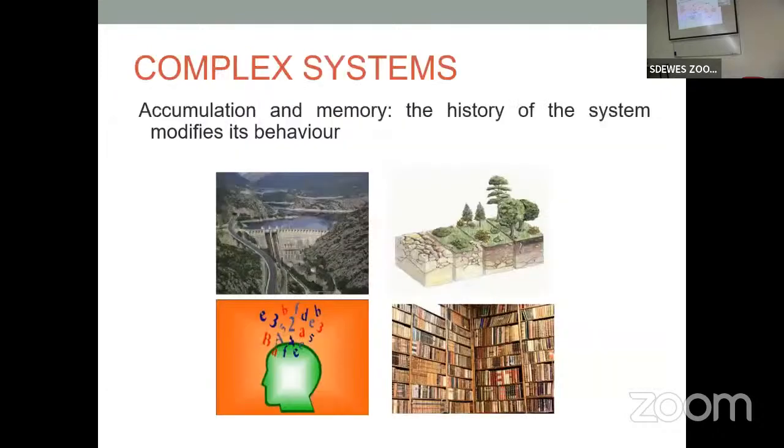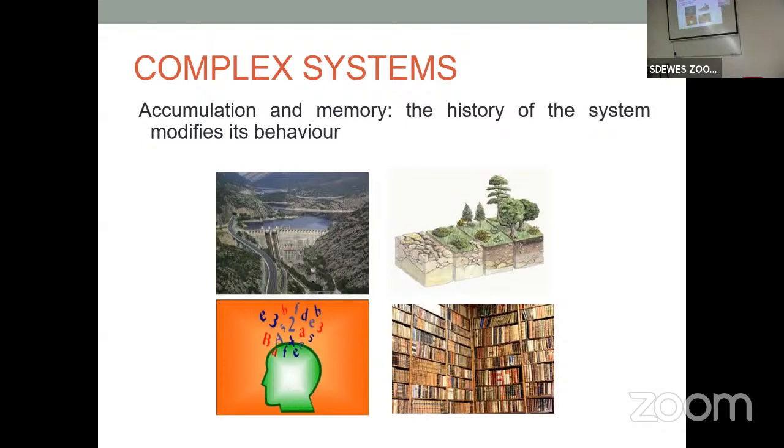Well, another reason for complexity and nonlinearity comes from accumulation and memory of the system. Many systems have memory for different reasons. The memory of the systems, in physical terms, we usually call state variables. Maybe you are familiar. State variables represent the memory of the system, so what happened in the history.